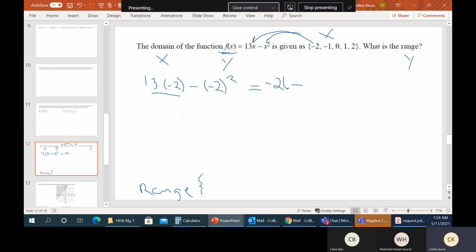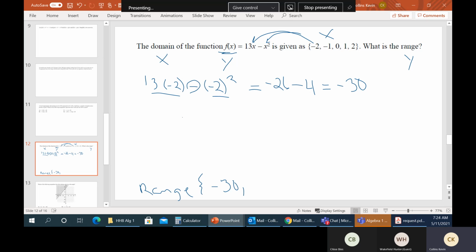And then we have minus, and remember when you take a negative number and square it, negative 2 times negative 2 is a positive 4. But we still have this minus sign to deal with, right? So this would be another minus 4. Okay. So then minus 26 minus 4 more is minus 30. So when x equals negative 2, y is going to equal minus 30. So that's our first point.